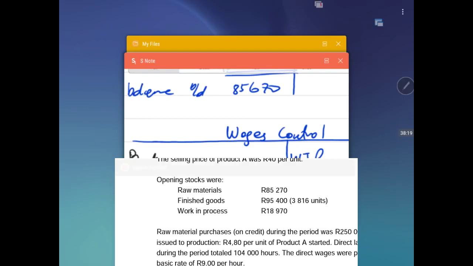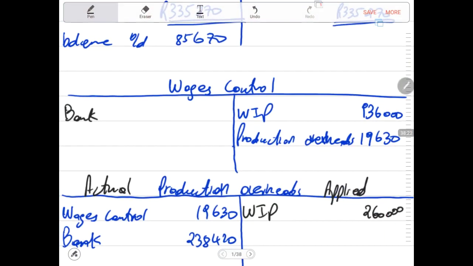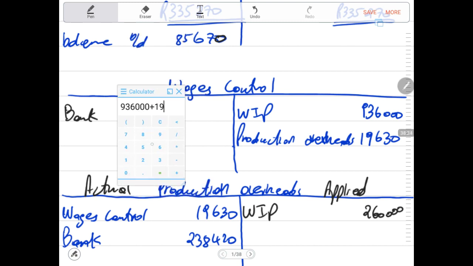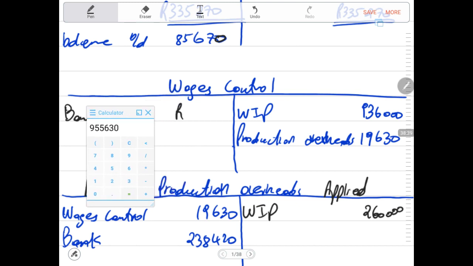So now, obviously, when direct laborers are paid, then indirect laborers will also be paid. So now the contra entry can be bank. Then if we say bank, now we have to say 936,000 on the credit side plus 19,630 will be 955,630.